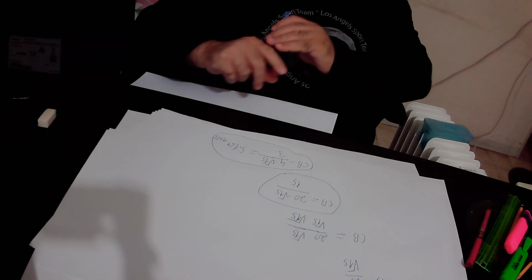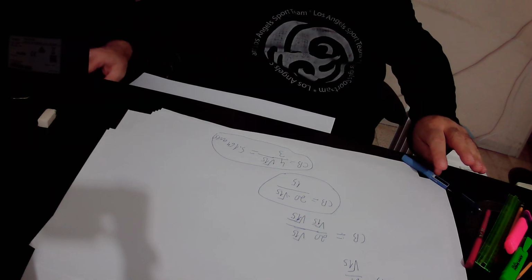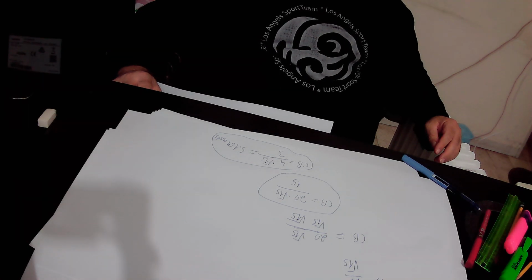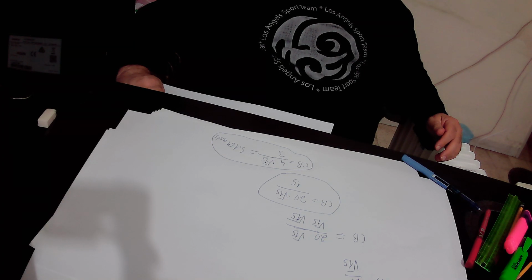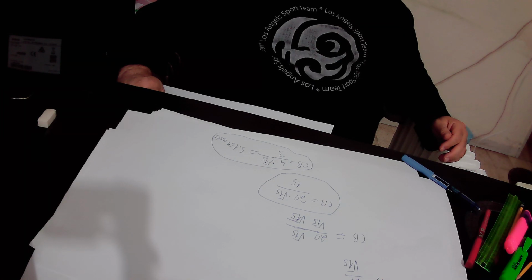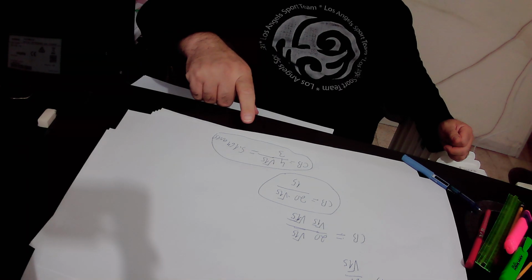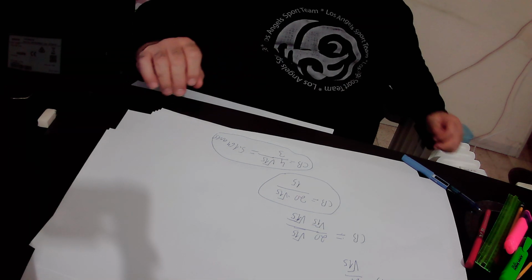I will verify it in the calculator. 4 over 3 times square root of 15 equals 5.164 units.